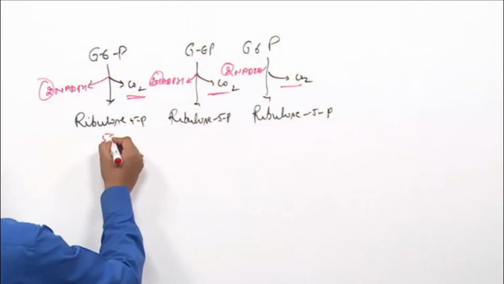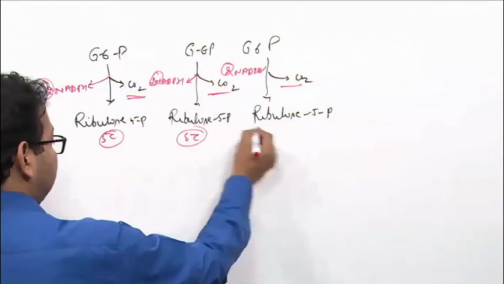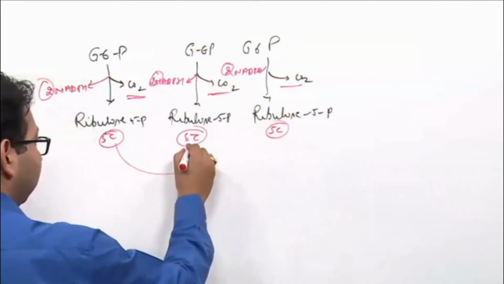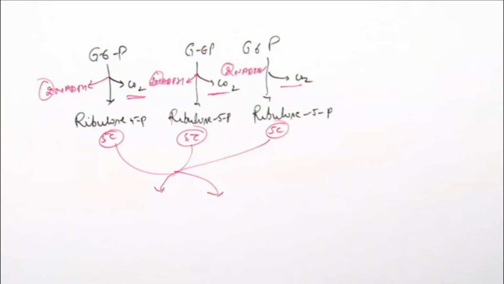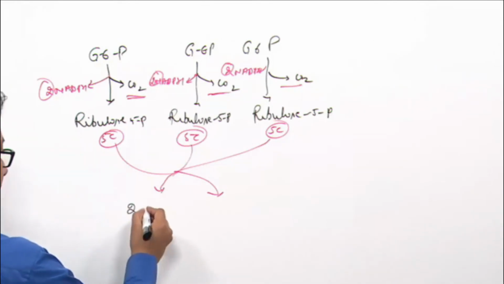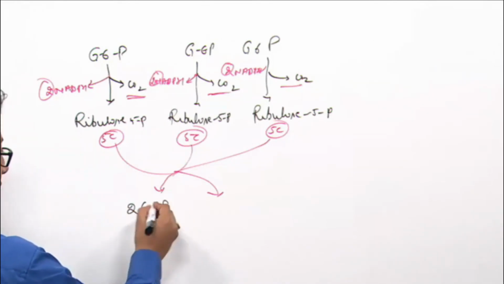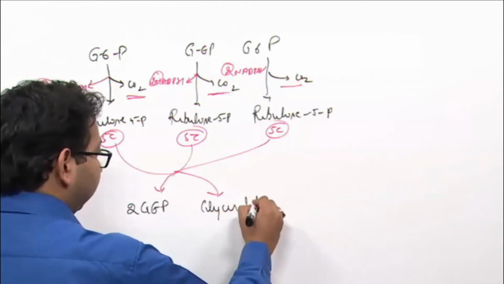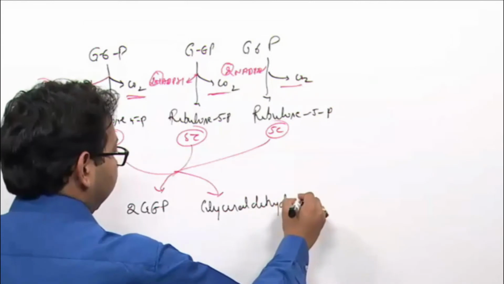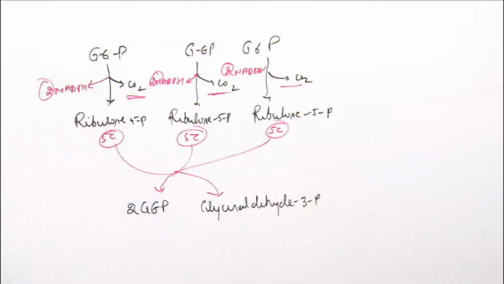These 5 carbon, 5 carbon, 5 carbon, these 15 carbon will rearrange themselves by multiple steps to produce 2 molecules of glucose 6-phosphate and 1 molecule of glyceraldehyde 3-phosphate.